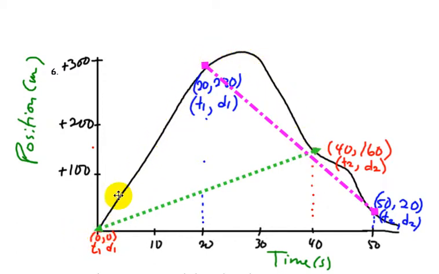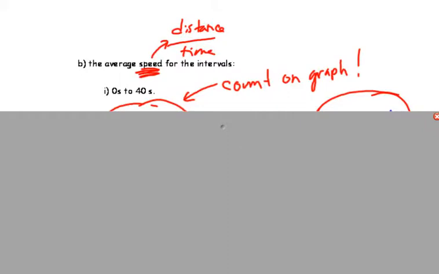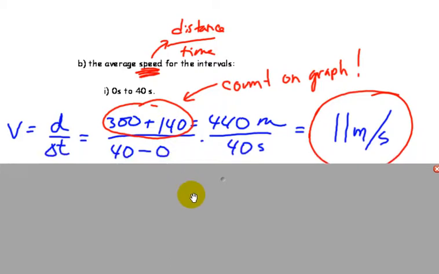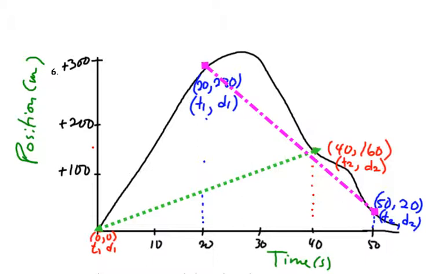So we went a total of 100, 200, 300 meters. And then 100, and then another 40 to get to the 160 mark. Okay, so we have to be very careful there. We went 300, and then a further 140 meters in the opposite direction. We're not concerned about direction, we're just concerned about every single step we made.